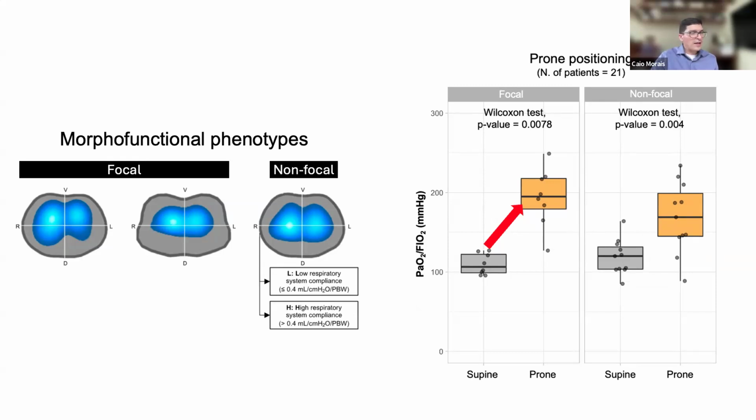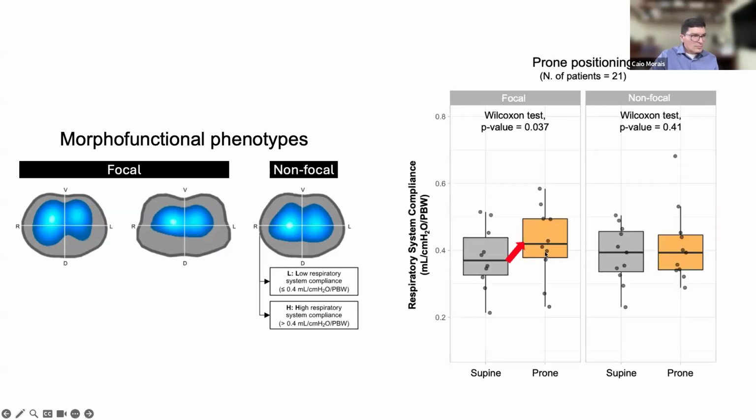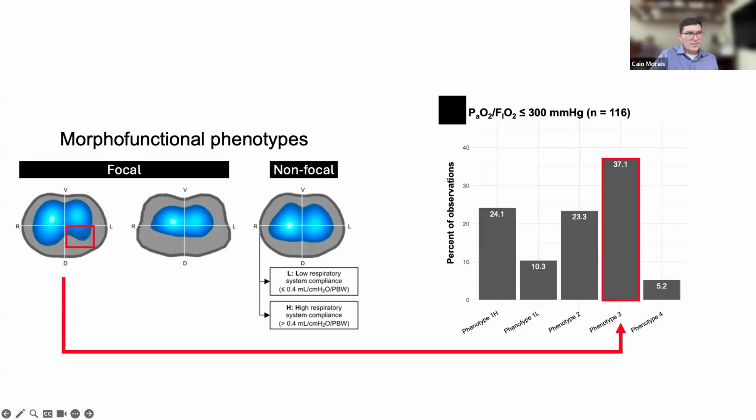And we know that up to 80–90% of patients with ARDS improve oxygenation with prone position, but the PF ratio is not sensitive to distinguish the mechanical part related to recruitment and improving lung function. So clearly, the signal for the mechanical component is here, when we differentiate patients with focal and non-focal disease.